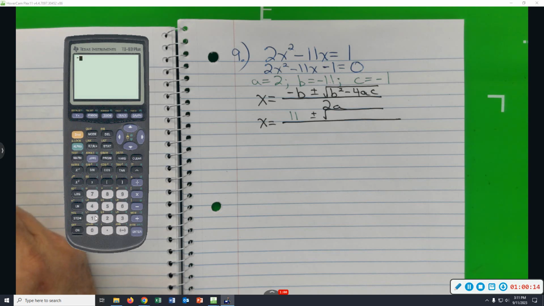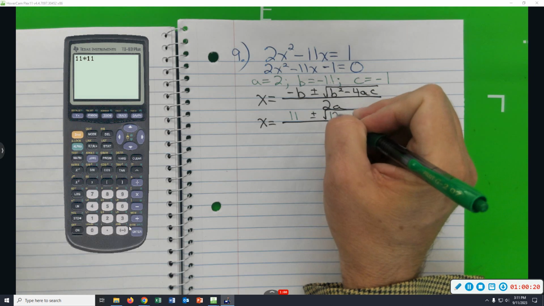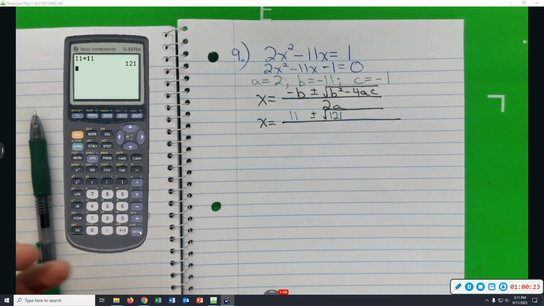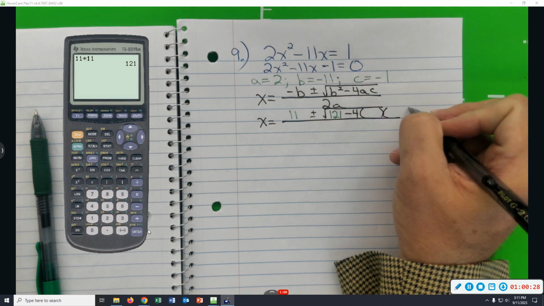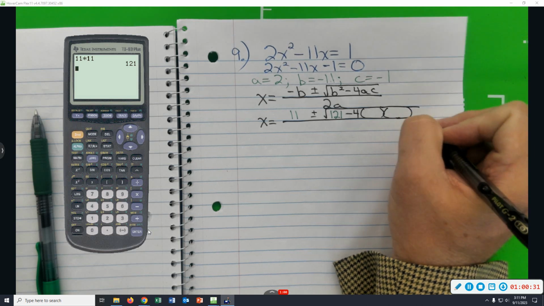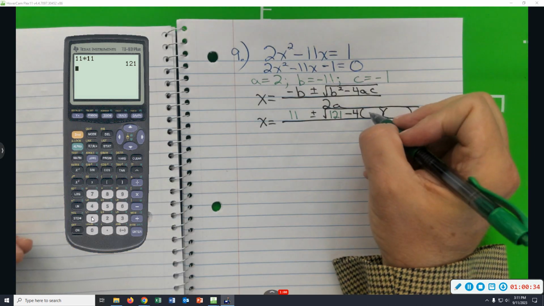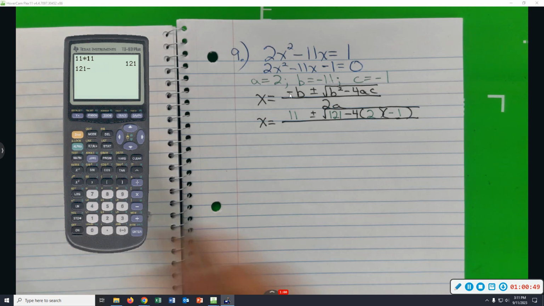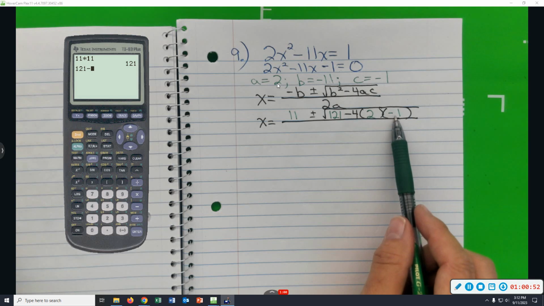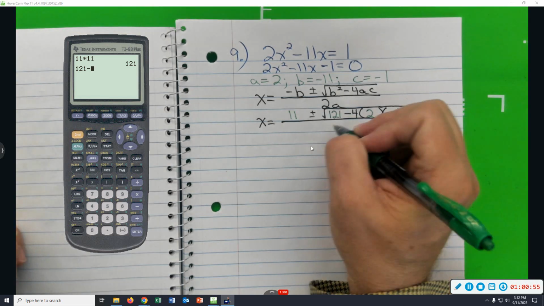Negative times negative is going to become what? 11 times 11 is 121, I agree, minus 4 times a times c. a is 2. c is a negative 1. 4 times 2 times negative 1, I think we can do that in our head. Yes, I agree, that's 4.